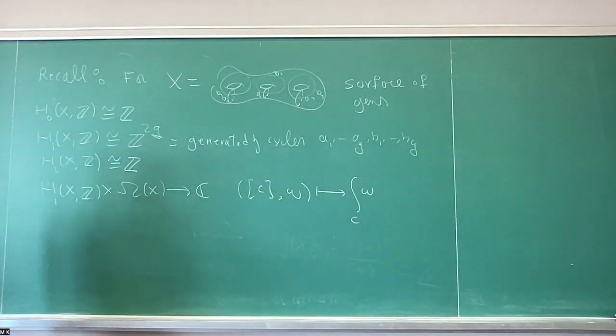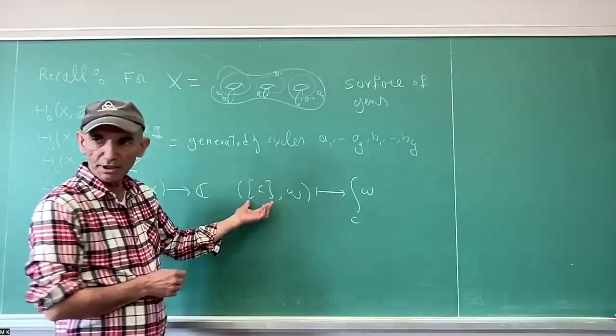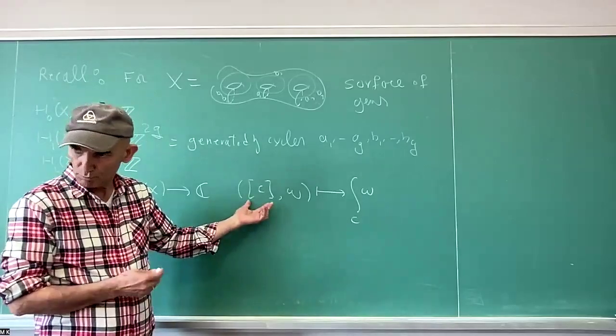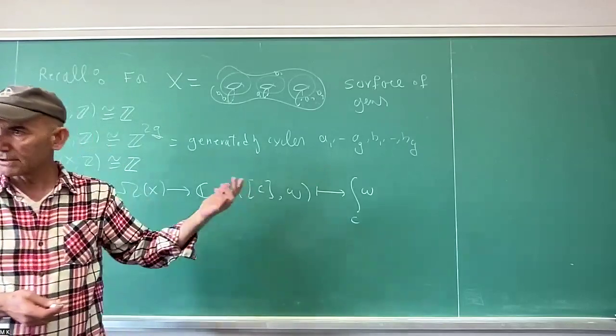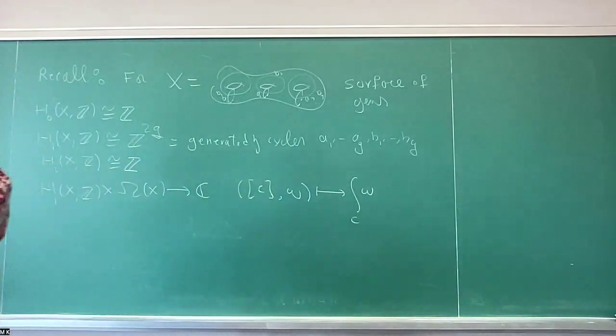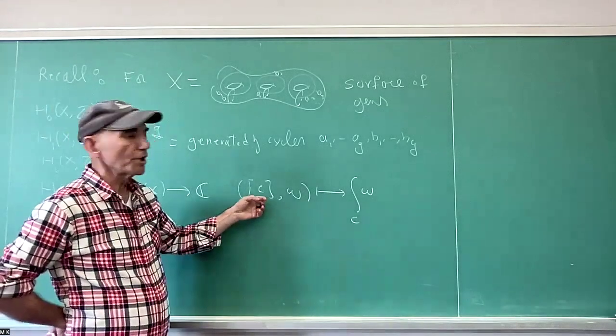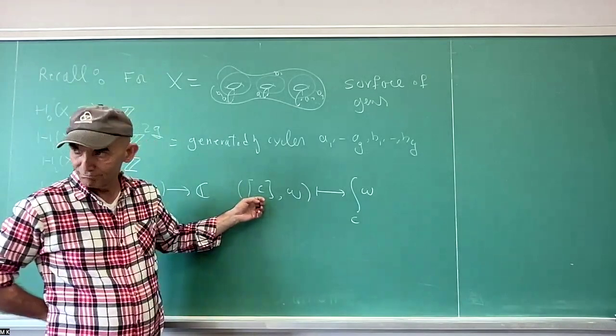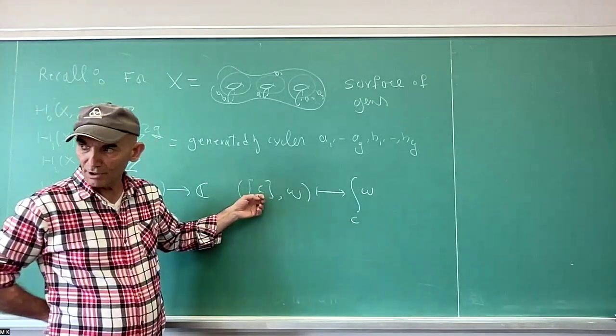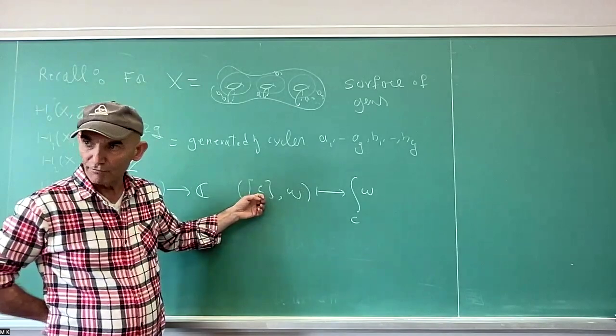Okay, so there are a few things we have to care about here. First of all, this C is only a class. C is just a class, it's not a curve really. It could be homologous to other things as well. So why does this depend only on the class, not on C itself?